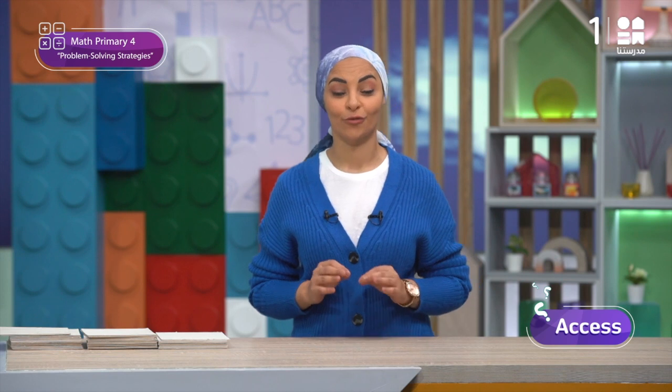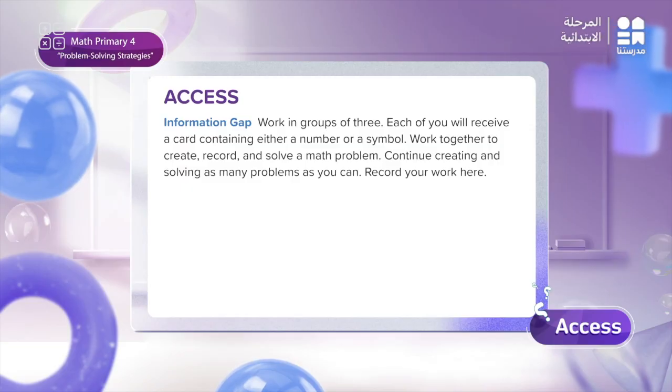Now, let's start our lesson with the activity information gap in access part in your book, page 331. Now we have two groups of cards. Like you see here, I have two groups of cards. One group containing numbers, and another one containing mathematical operation symbols.